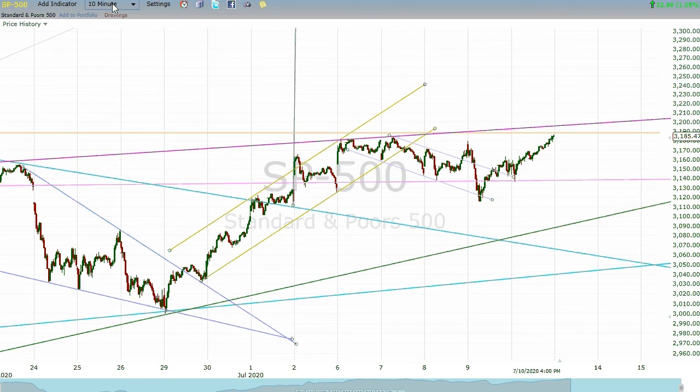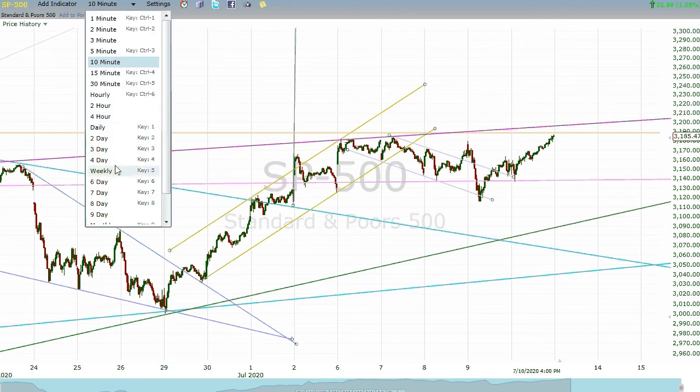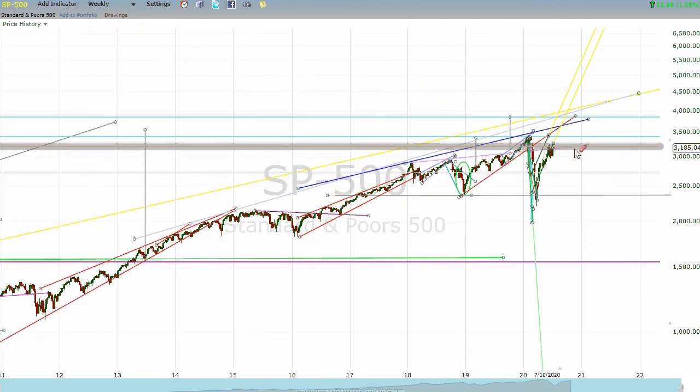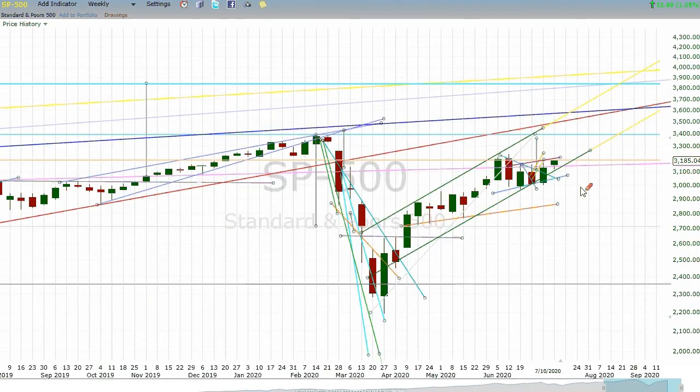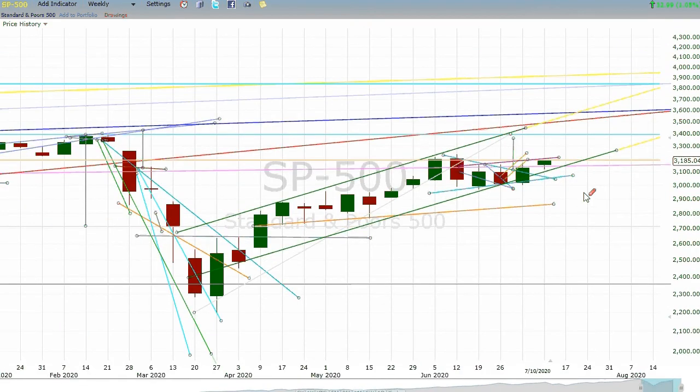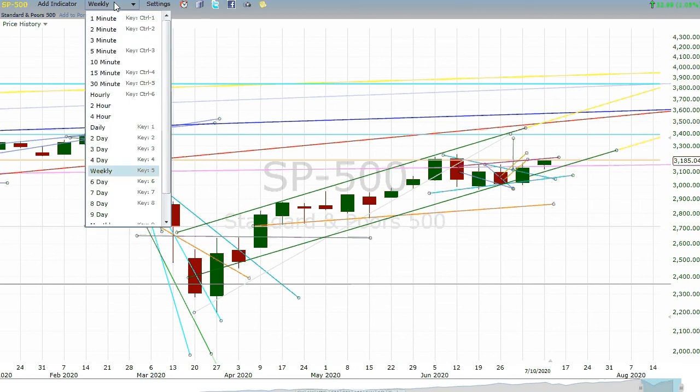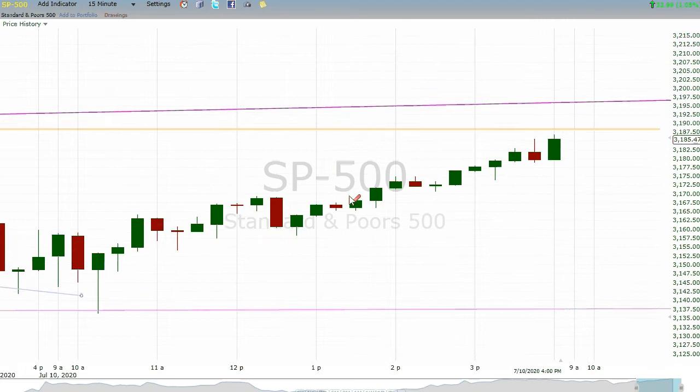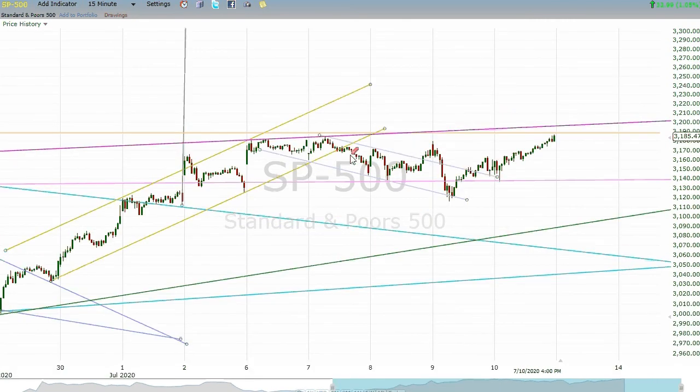So if you look at this as a weekly chart, and if you were to just zoom in on that candle right there, it would seem to bode pretty well for some follow-through potentially this week. So we'll certainly keep an eye on that. There again is that little bull flag.